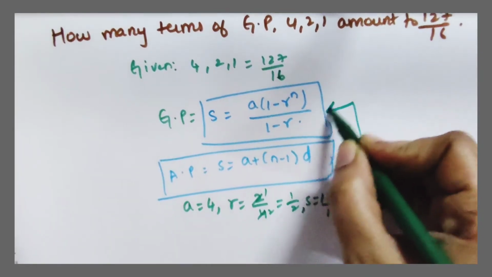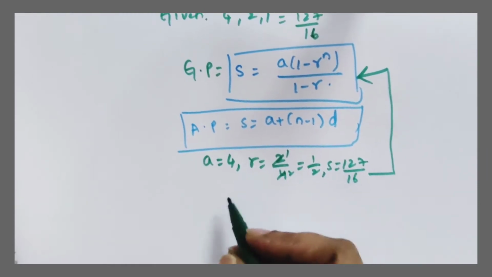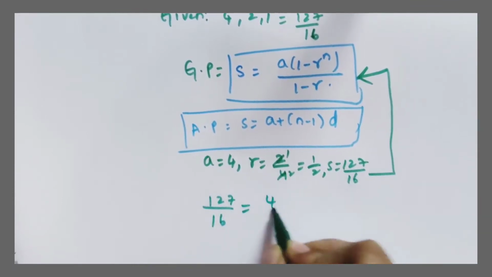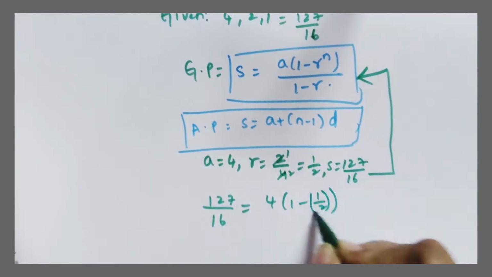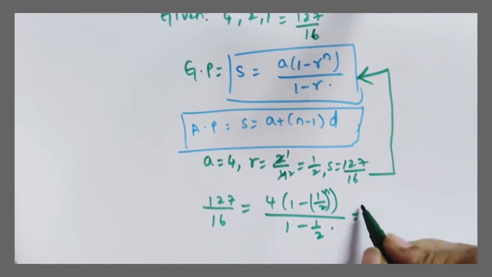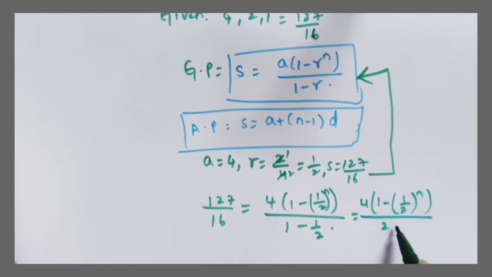Substituting all these in the above equation, you will get S, 127 by 16, is equal to A is 4, 1 minus R, 1 by 2, whole power n, divided by 1 minus 1 by 2. Here 1 minus 1 by 2 is 2 minus 1 by 2, this one. So this is continuing.